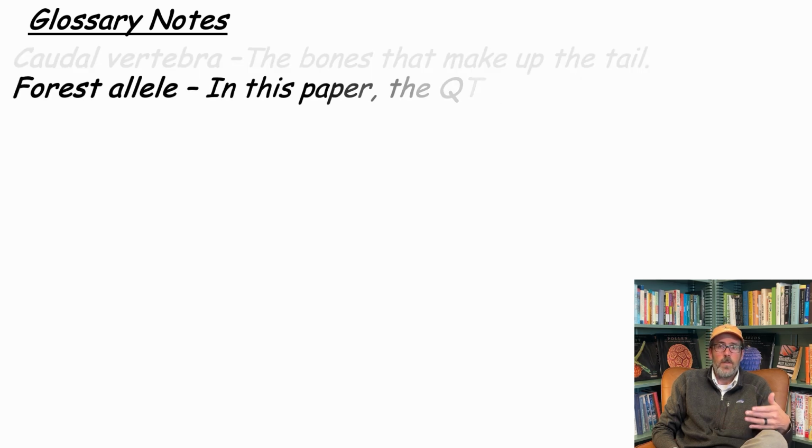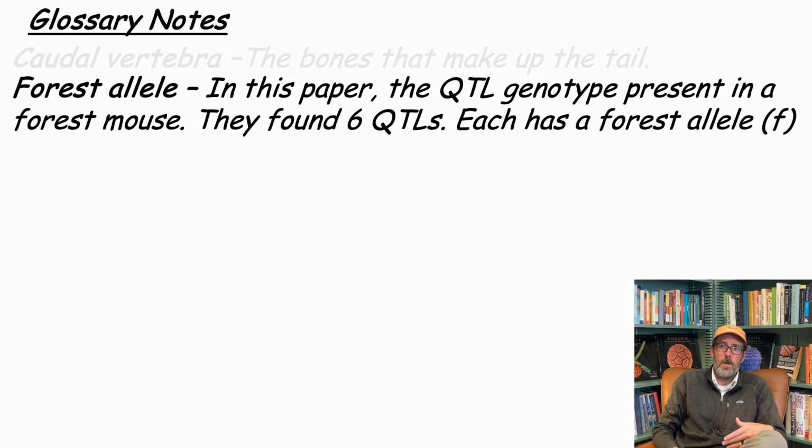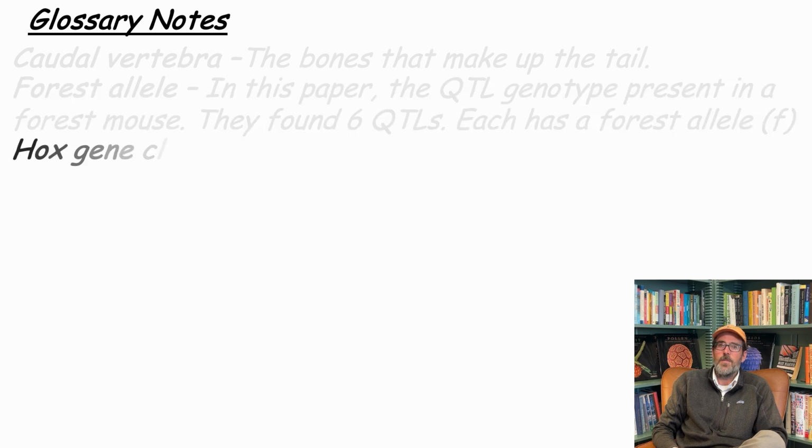And the forest allele, in this paper, is the QTL genotype present in a forest mouse. They found 6 QTLs, each has a forest allele. And eventually we'll see down to the gene level, there's even a forest allele of the HOXD13. However, the genes themselves don't vary much, but we'll see how that goes here.